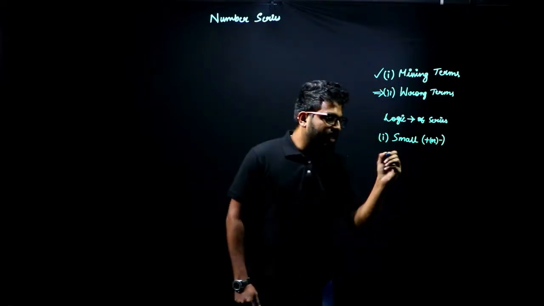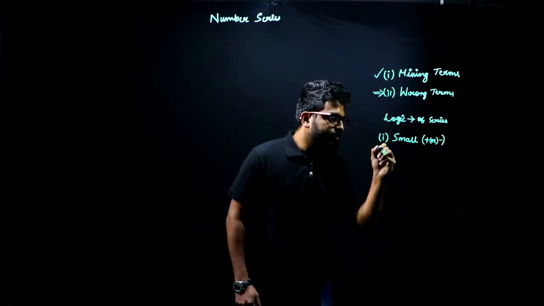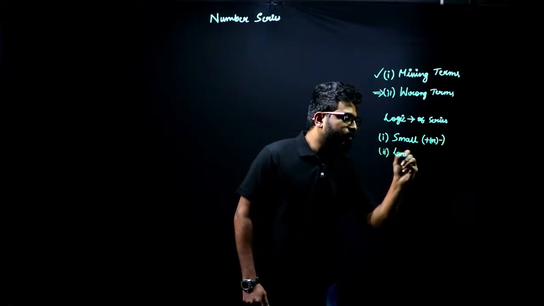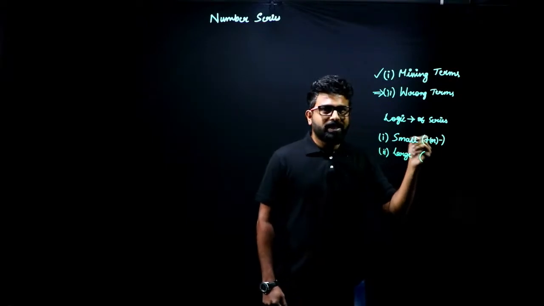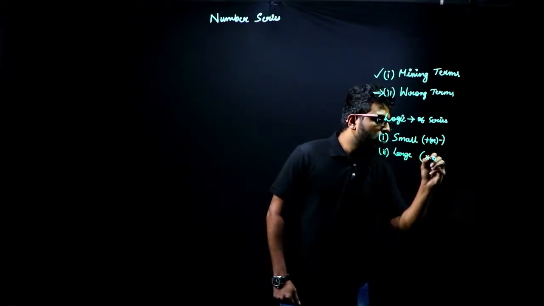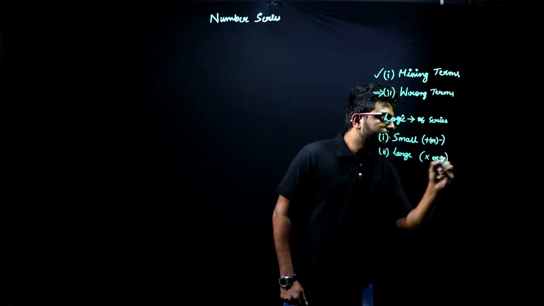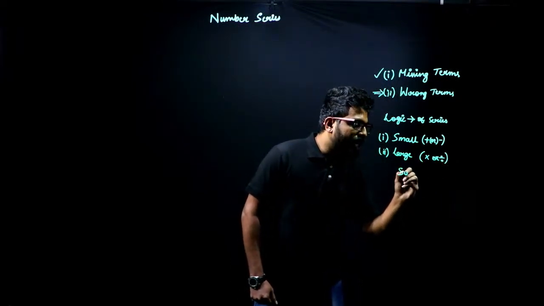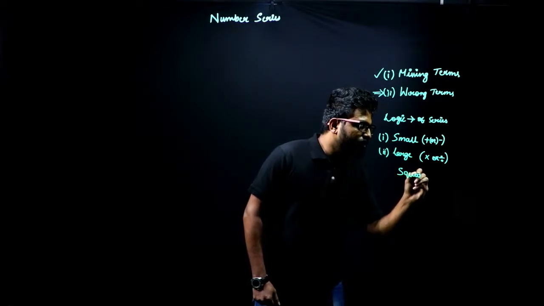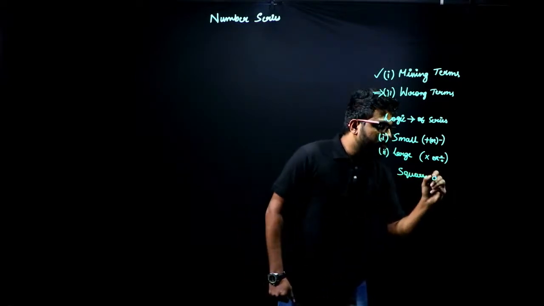If the difference was large, what was the operation or logic hidden in the question? It used to be multiplication or division. We also saw how to find out if there are squares or square roots.